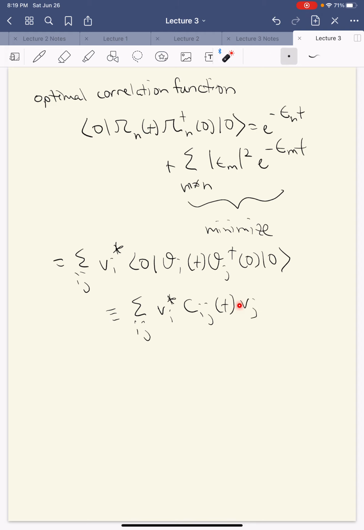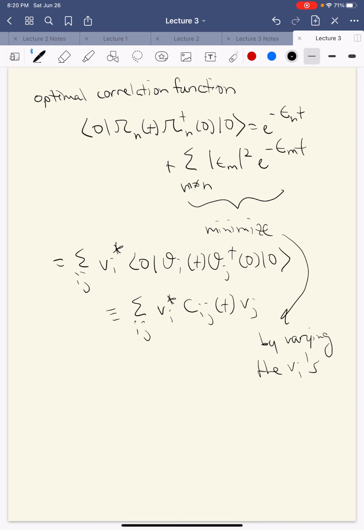So C is now a matrix with indices ij corresponding to the source operator j and the sink operator i. And so I want to minimize this by varying the v's.